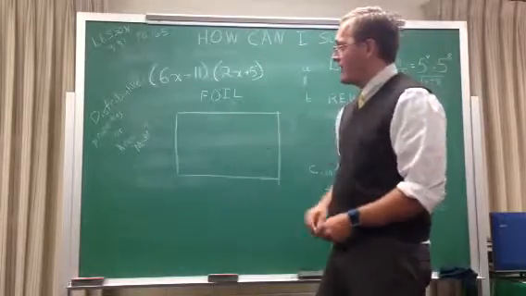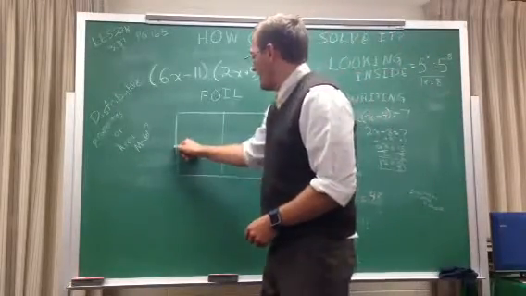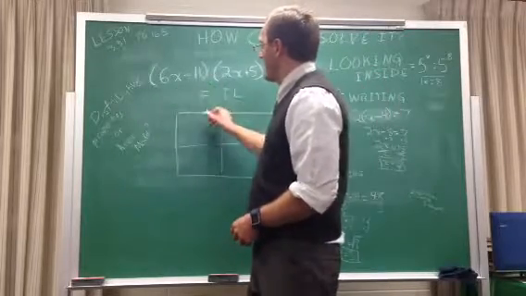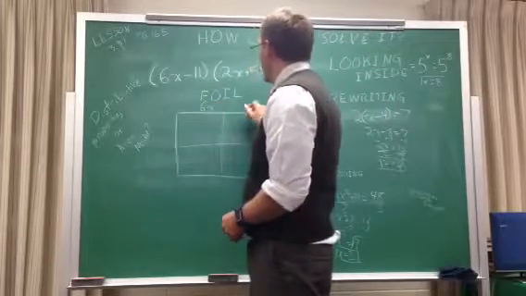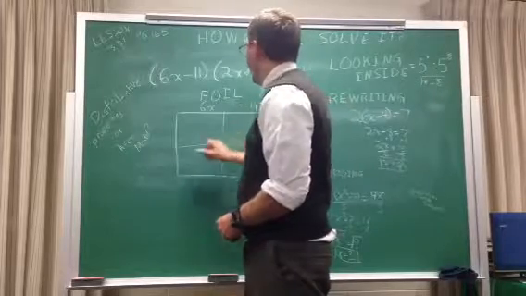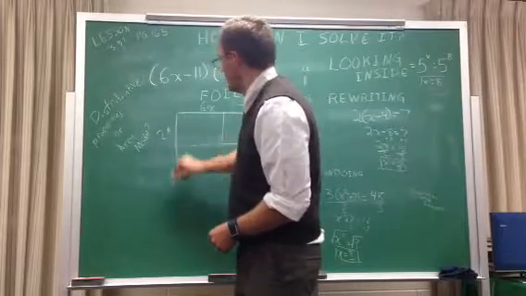But then there's also the area model, which we can draw out, and then we can take these different pieces and write them out next to the area model.